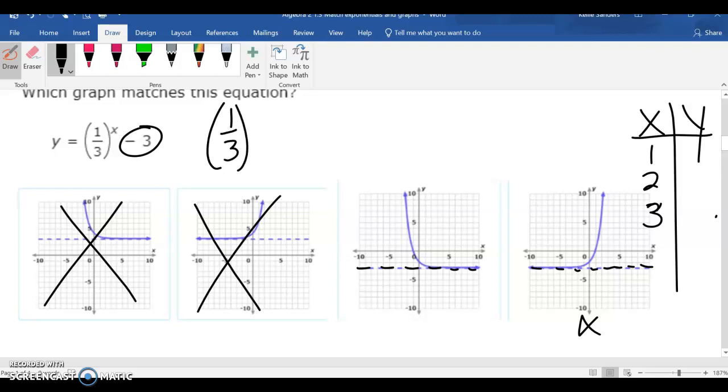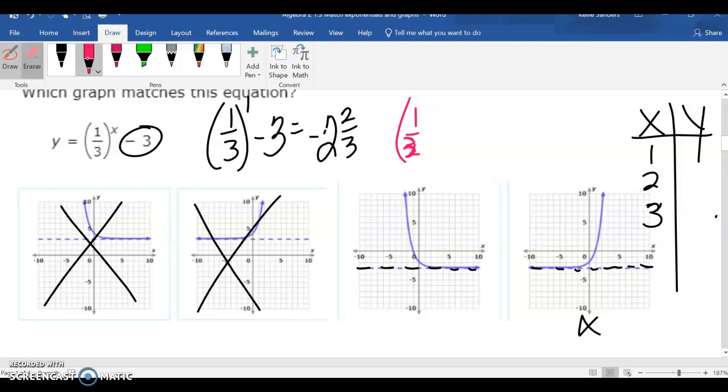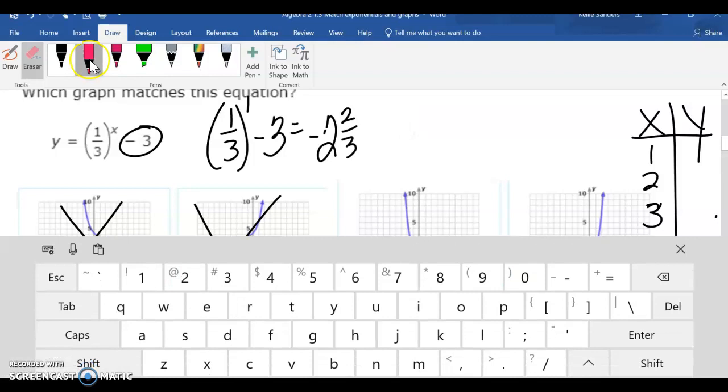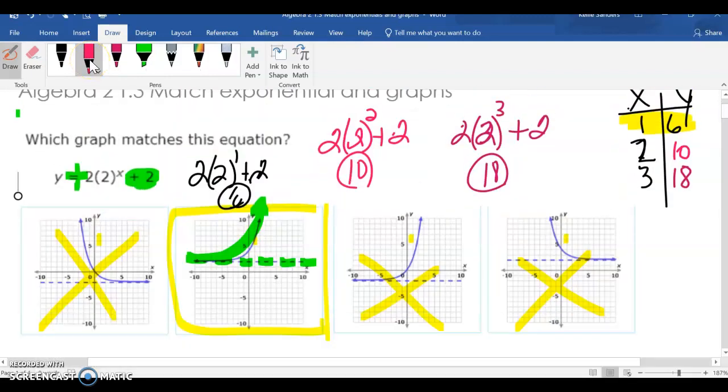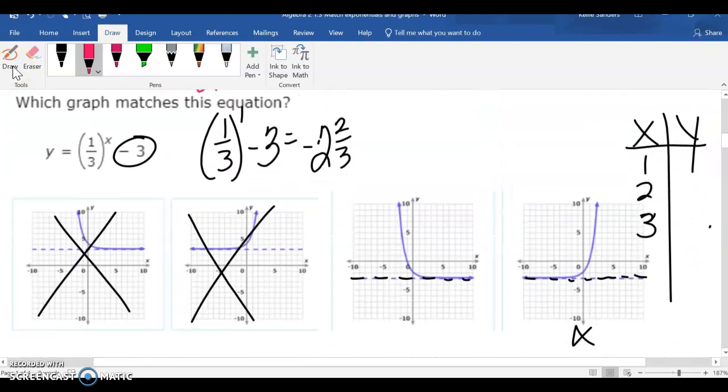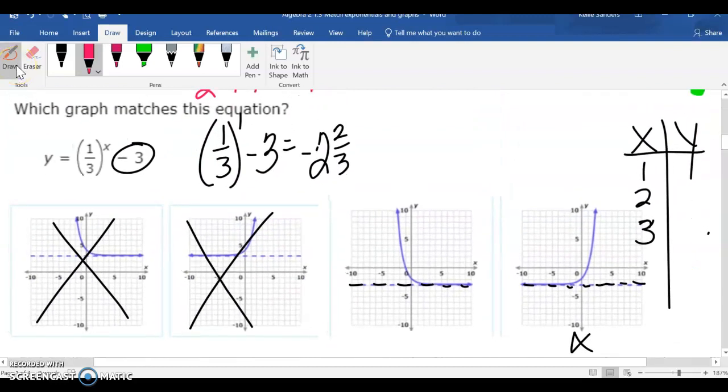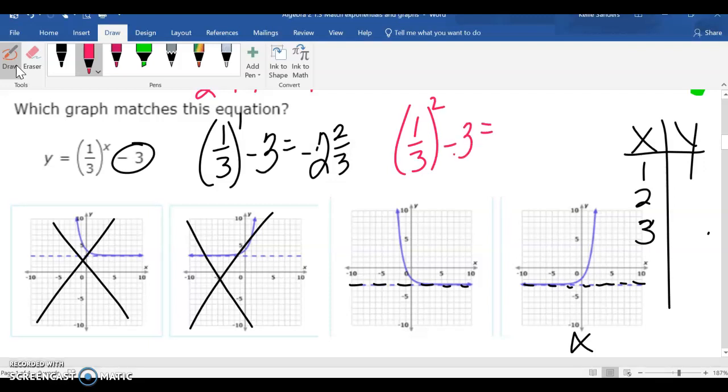So we have 1, 2, and 3. So 1 over 3 to the 1 minus 3. If you put that in your calculator, you're going to get negative 2 and 2/3. I'm just going to write that. 1/3 squared minus 3, which would be 1/9, which would be negative 2 and 8/9.